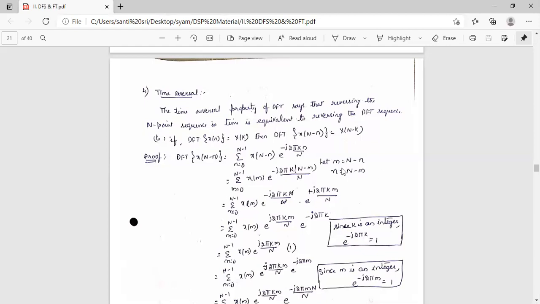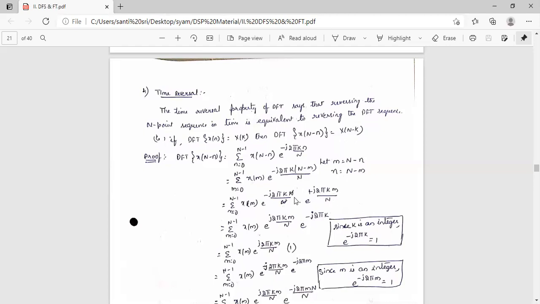So replace N minus n by m, and small n by N minus m. Then this will become sigma m equal to 0 to N minus 1 x of m into e power minus j 2 pi k into N minus m by N, right? So it will be expanded like this: x of m into e power minus j 2 pi kN by N into e power minus j 2 pi k into minus m, that is plus, by N.